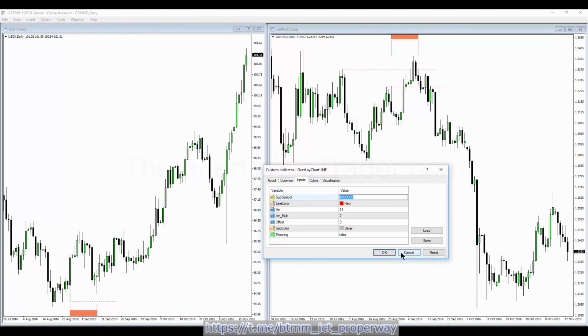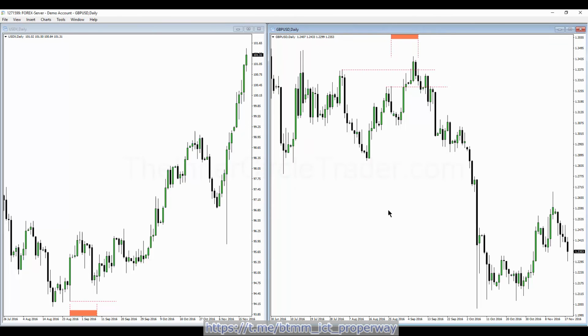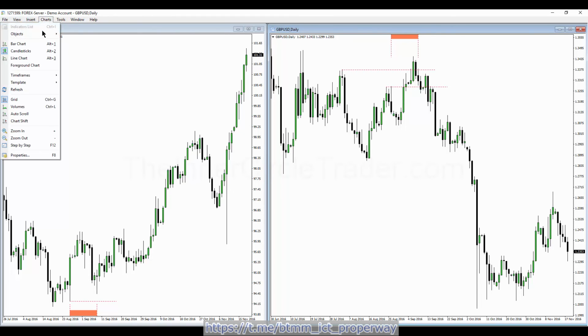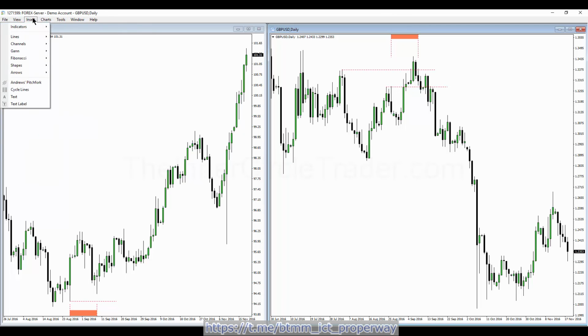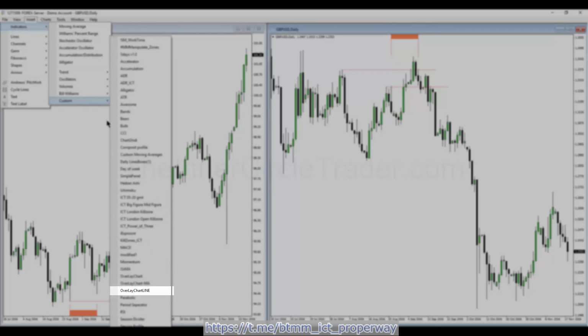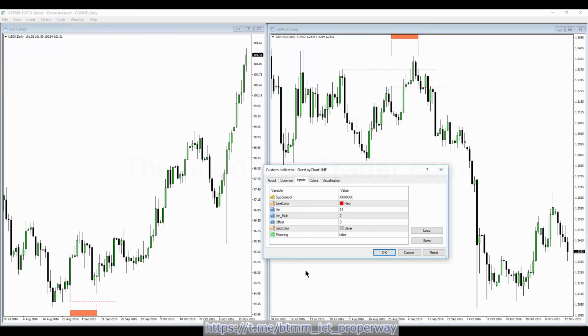Let's go back and highlight a specific chart first. So we're highlighting the British Pound USD chart by clicking anywhere on the chart. Go up to Insert, Indicators, Custom, Overlay Chart Line, double click, and we're going to be overlaying the US dollar index.